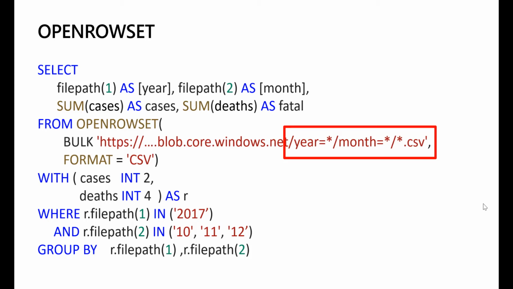So in this case, I'm referencing any file on Azure Data Lake in folder year equals something, with subfolder month equals something, and then I'm referencing any file that has CSV extension. With these wildcards, you can reference different files in different locations. Open Row Set will read all files that are referenced using this wildcard expression.